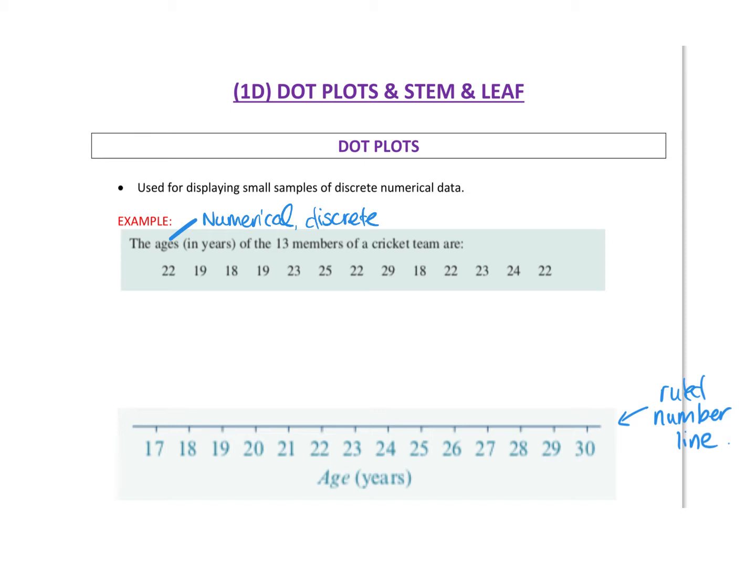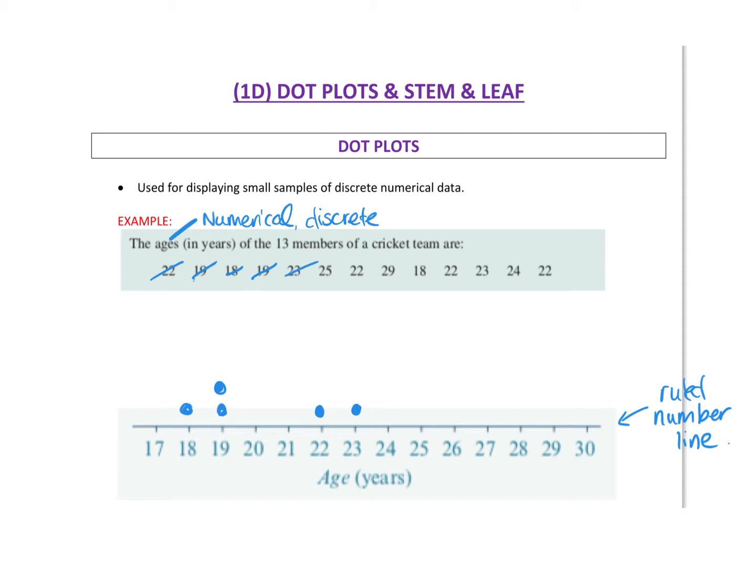So we're going to go through it. Say the first one's 22. So I put a dot above 22. And 19, so on, 18. Now you want your dots to be uniform, so that if you have two, the second ones are in line with each other. So say we've got the 19, I'll put the next one on there, 23, okay?